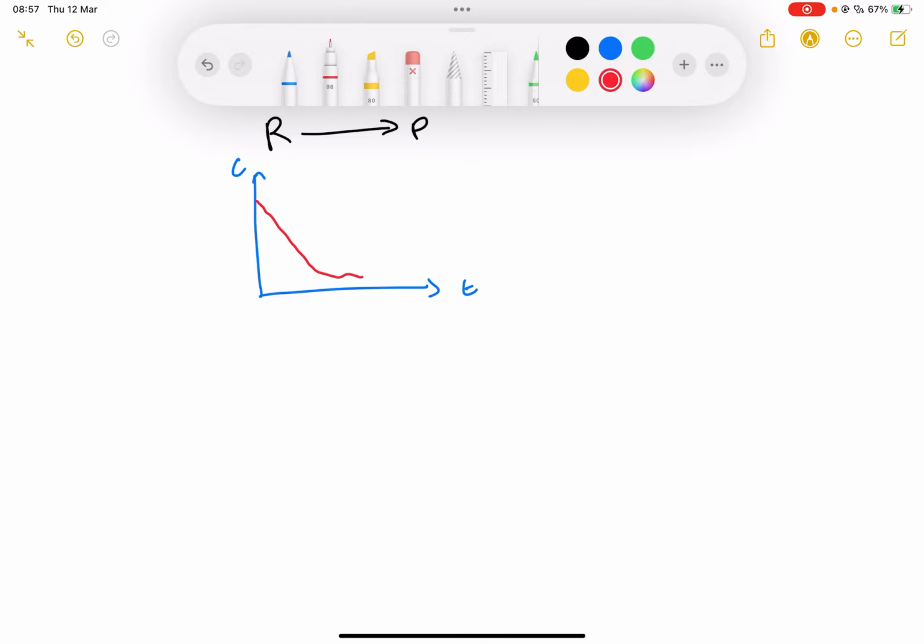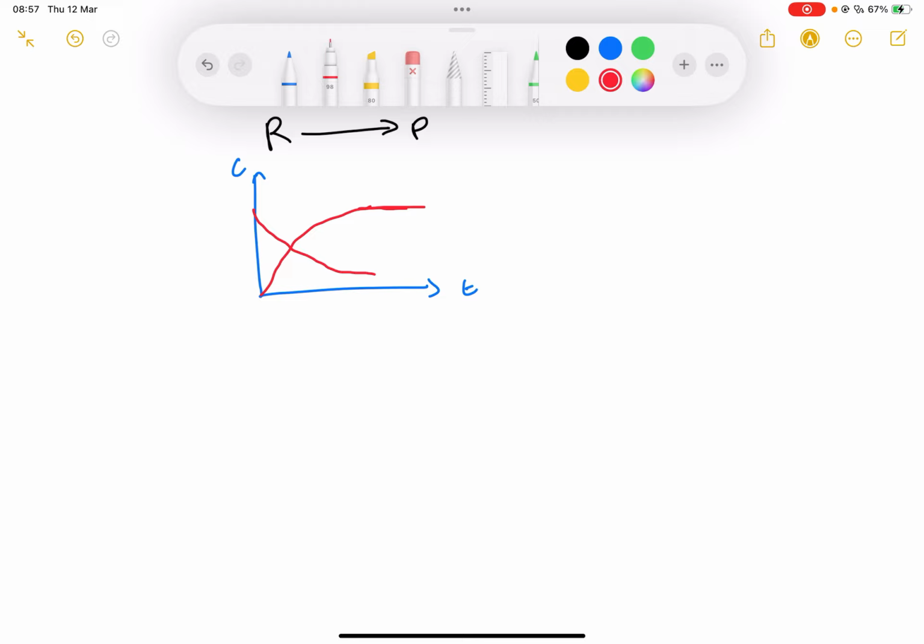But the product is initially 0, and its concentration increases with time, and then once the reactant is over, the product concentration will become constant. So this is the concentration-time curve for product and reactants.